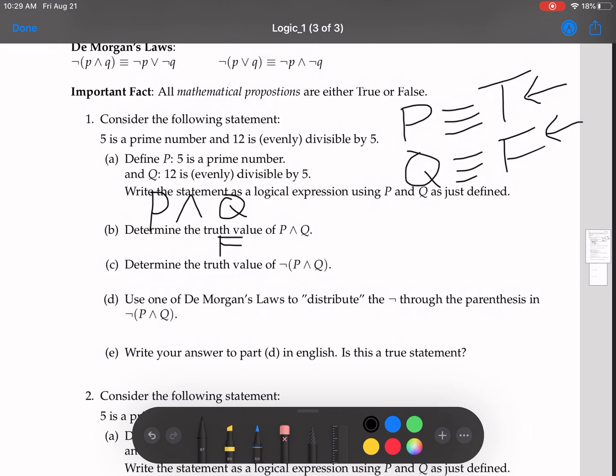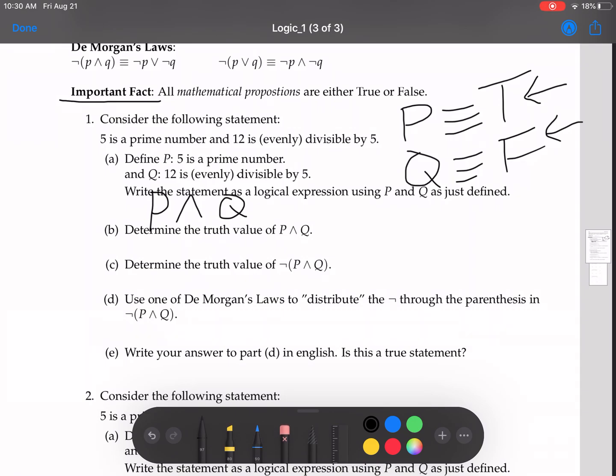Okay, so here's where the important fact comes in. All mathematical propositions or statements are either true or false. So if P and Q is false, then its negation must be true, right? Let me write this out a little more formally.